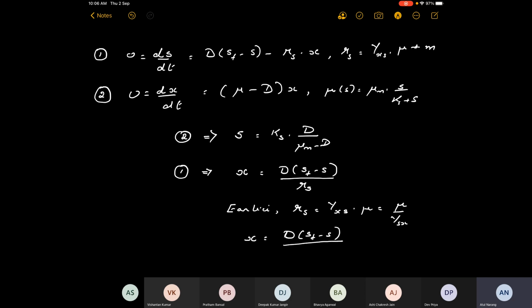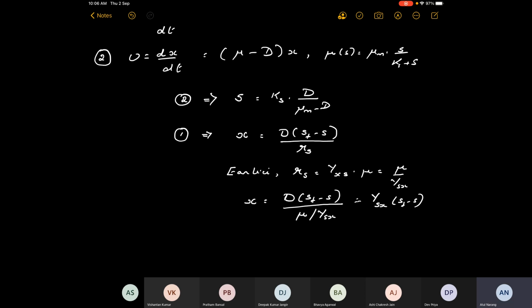But since mu equals D and D cancels out, this simply gives you what I had given you earlier, which is Y_XS multiplied by (SF minus S). But now you don't have RS equal to mu over Y_XS. Now you have RS equals mu over Y_XS plus M.